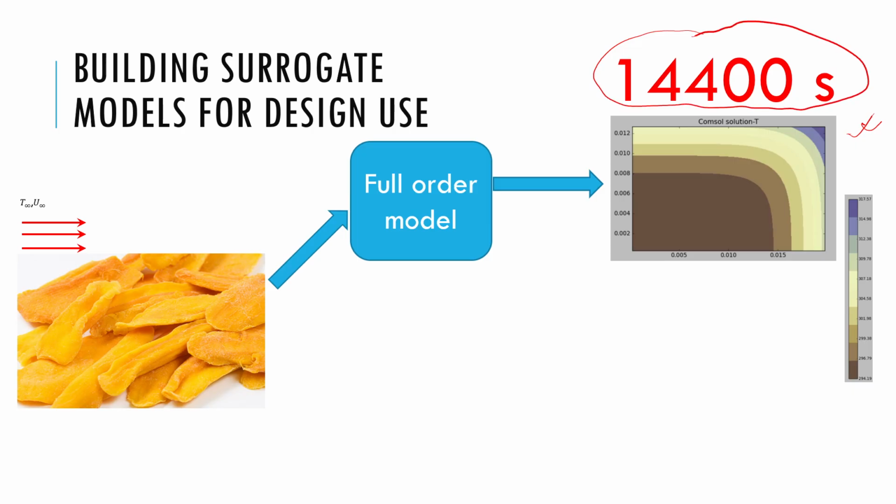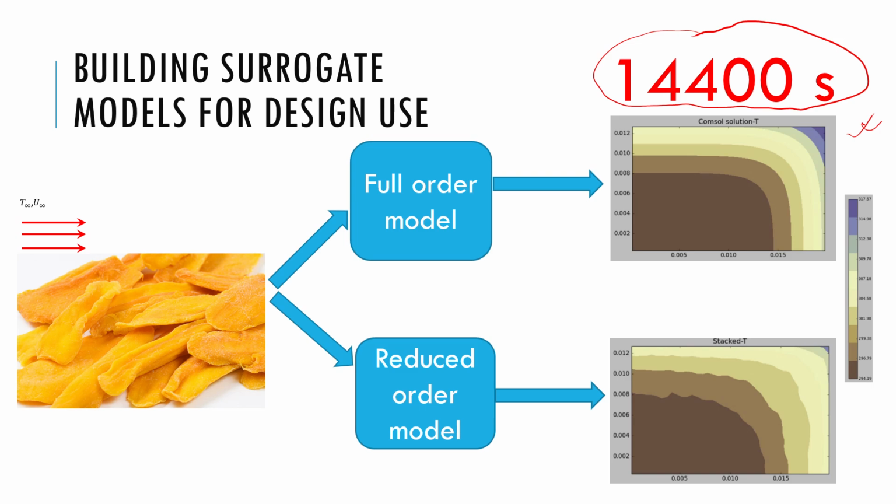So what an AI based model would do is take this data and then build a reduced order model which replicates this, maybe not perfectly, but then guess what, the time goes down by 2 orders of magnitude or more, actually.